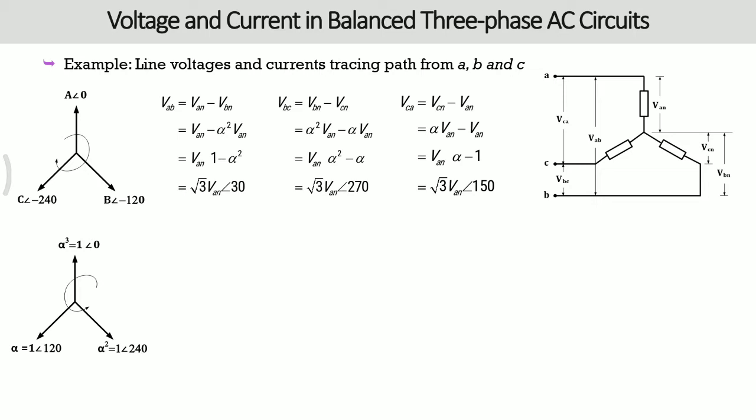Now convert this VBN into VAN. So how can we convert? This is the first use of the alpha operator, that we can convert one phase voltage into another, because here all the phase voltages are equal in magnitude.